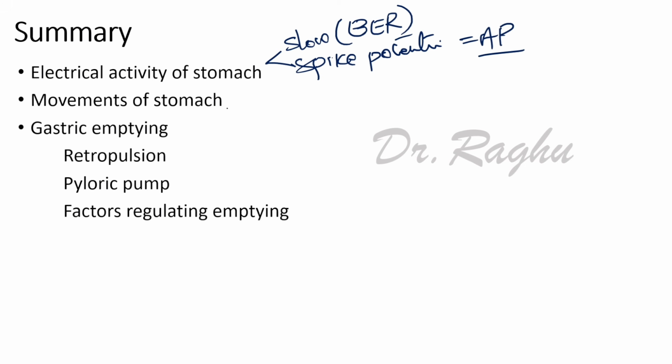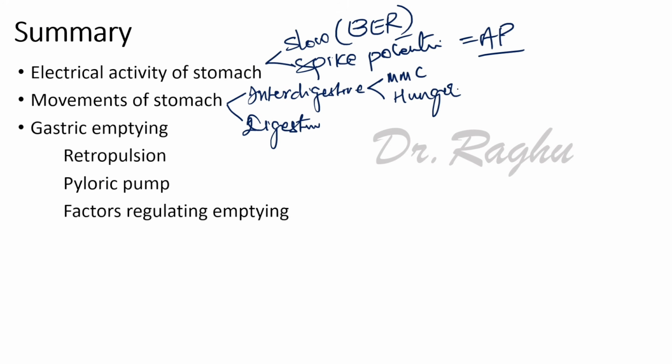Then we studied the movements of the stomach, and we classified the movements of the stomach into two types. The one which is occurring during fasting or during the interdigestive phase. Second is the one which is occurring during the digestive phase or when the food is present in the stomach. So during the interdigestive phase, we saw two types of movements. One is called the migratory motor complex, and the second one is called the hunger contractions.